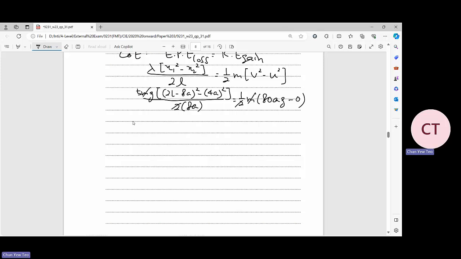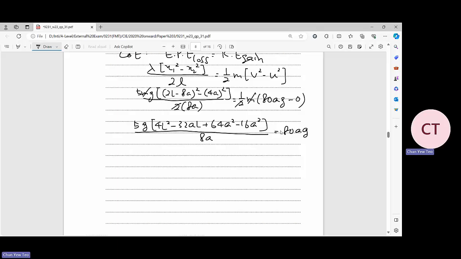So over here I will have 5g times, expanding, 4L squared minus 32aL plus 64a squared minus 16a squared, divided by 8a, equals 80ag.